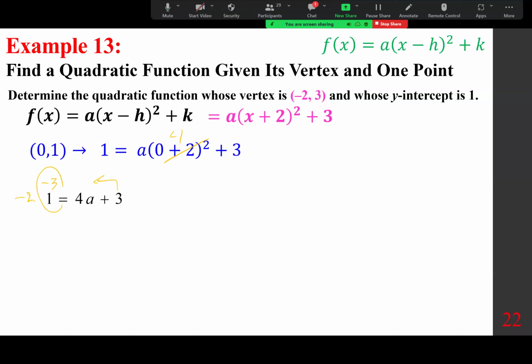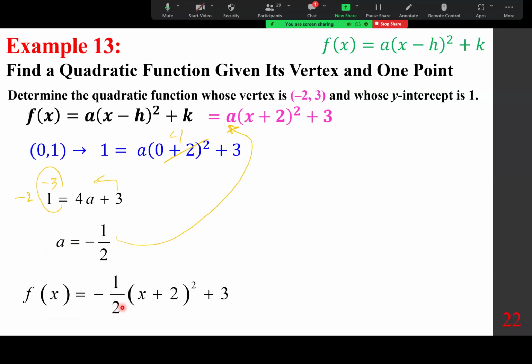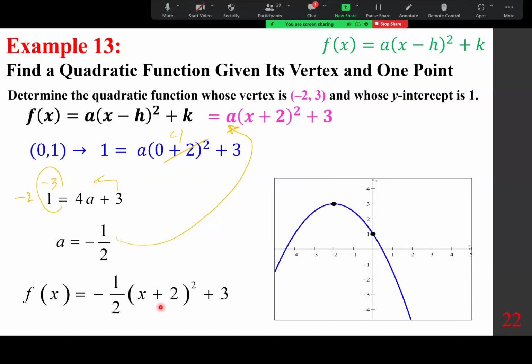Divide by 4. A is negative 2 over 4, or negative 1/2. Replace it. F of x becomes negative 1/2 times x plus 2 quantity squared plus 3. And of course, if you were to graph it, it will look something like this.